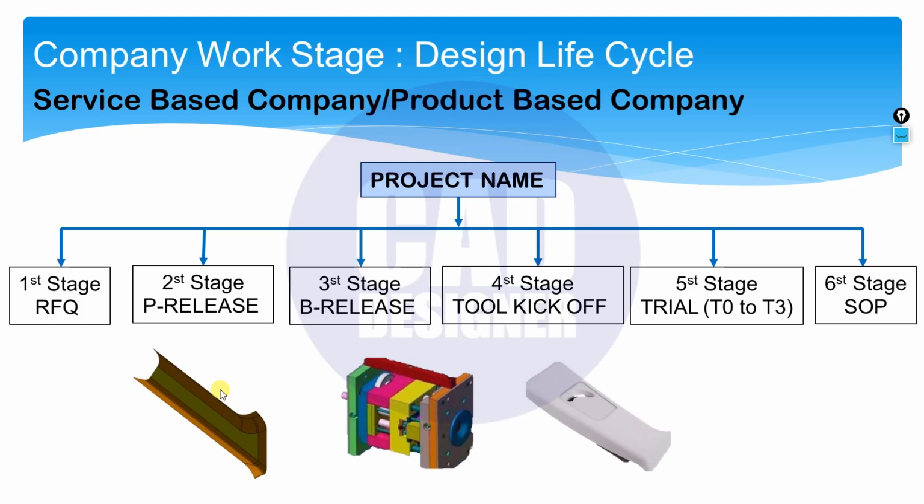They check whether there is any issue or not. Suppose they have some feedback, they change the design again. And then once the data gets matured, they make a proto of this part to check it aesthetically in real life. So in the second stage, the proto gets developed. Again this part is assembled with its surrounding.